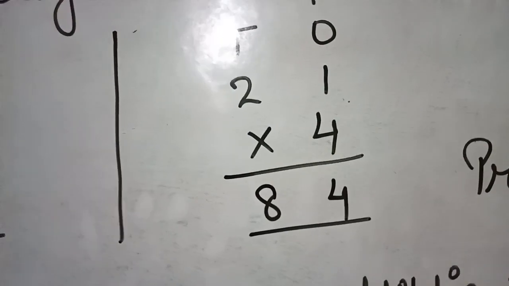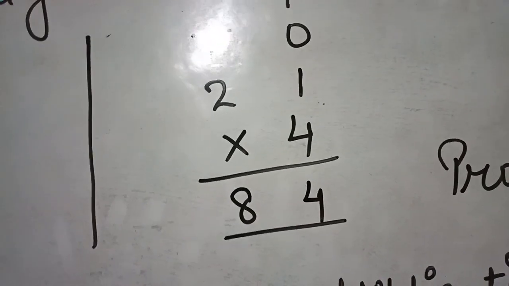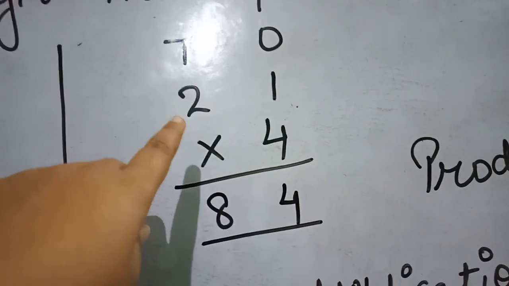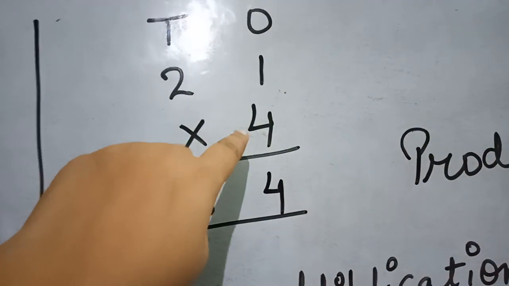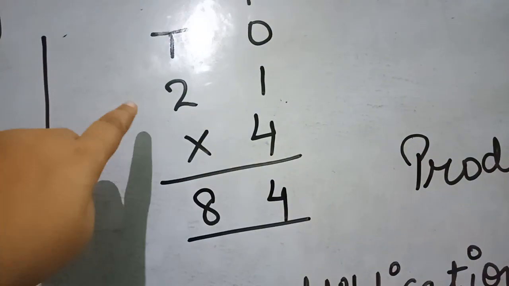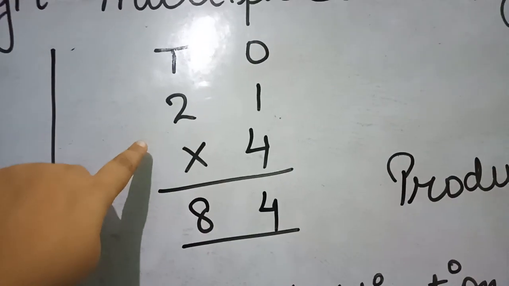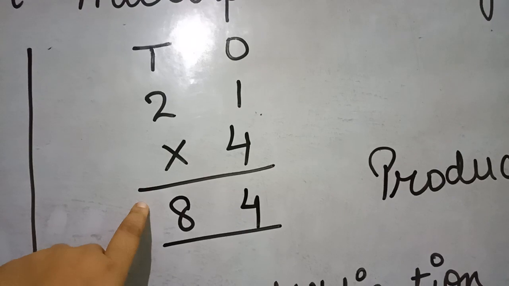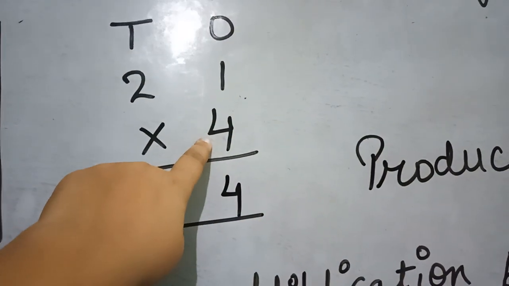So go through the 2-digit number without carrying. 4 ones are 4, 4 twos are 8. This one is the multiplier and this one is the multiplicand, and 84 becomes the product. How did we do it?